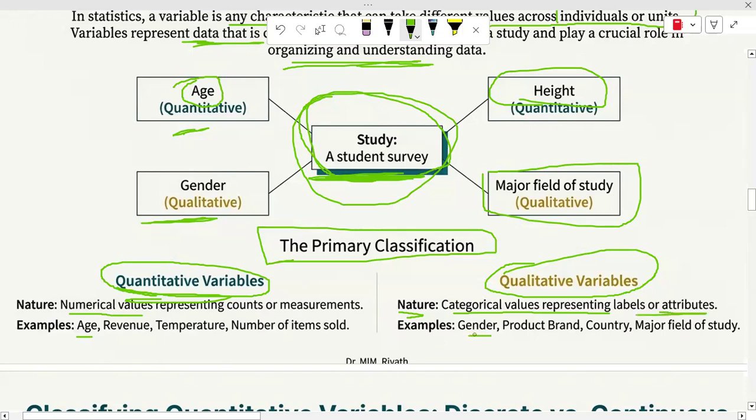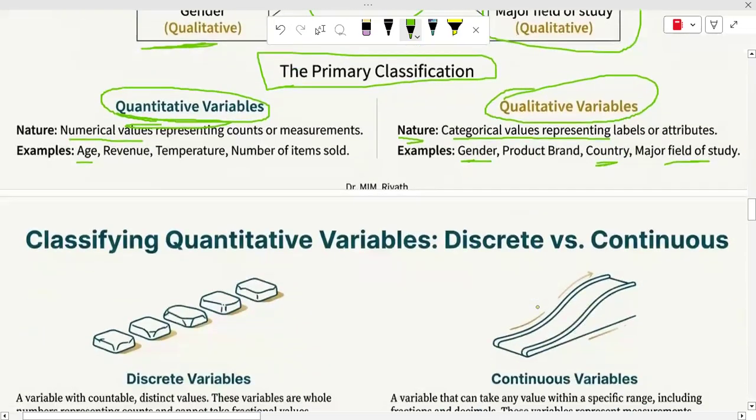Examples: gender, product brand such as Apple, Samsung, Micromax, Nokia; country such as India, Sri Lanka, Maldives, Nepal, Australia; major field. These are categorical. They have no numerical value. So that is a qualitative variable.